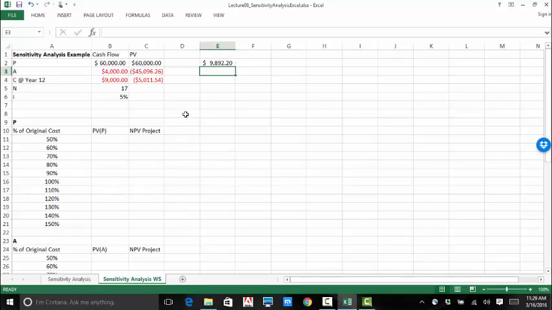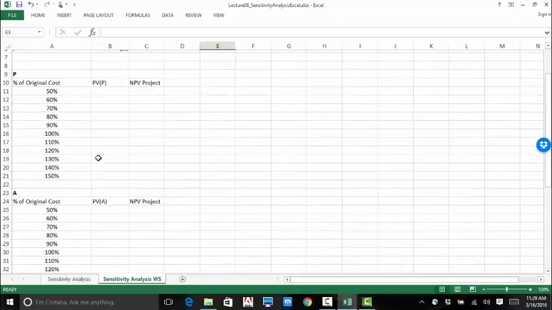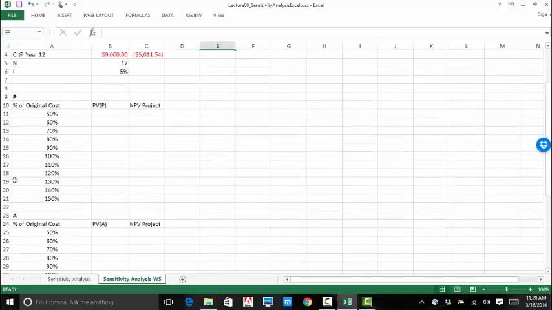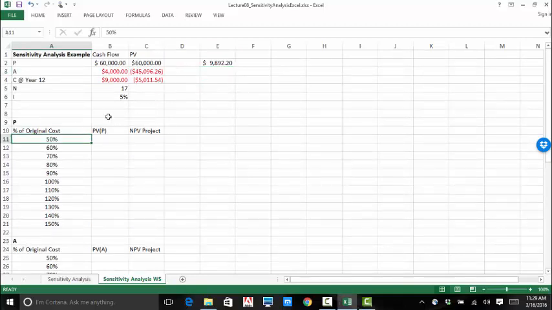Now what we're going to do is say what happens to the net present value of the project if each of these cash flows changes by a certain percentage. So let's say that our P is equal to 50% of the original cost.